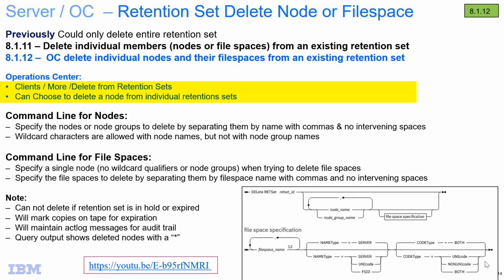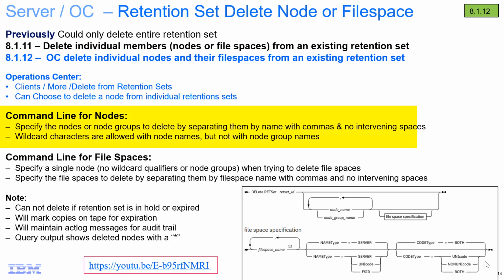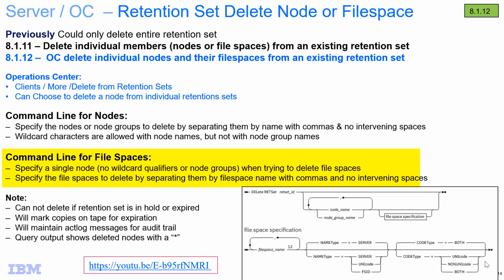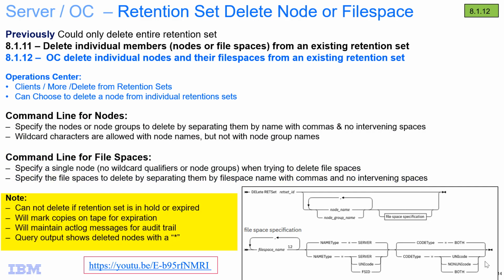So if you go into Clients and then More, you can do this delete from retention set capability. You can choose to either delete a node from an individual retention set or a file space. Now, if that retention set does have a hold against it, then you may not do any type of deletion from it.